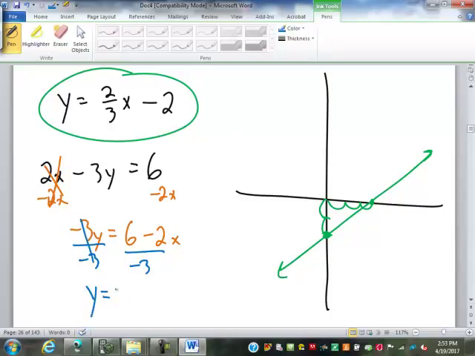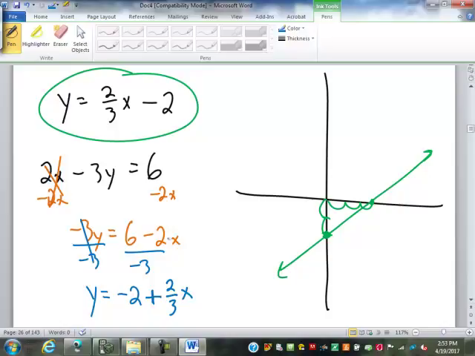What's 6 divided by -3? 6 divided by -3 is -2, good. -2x divided by -3? Perfect, positive 2/3 x. Negative divided by a negative is a positive.